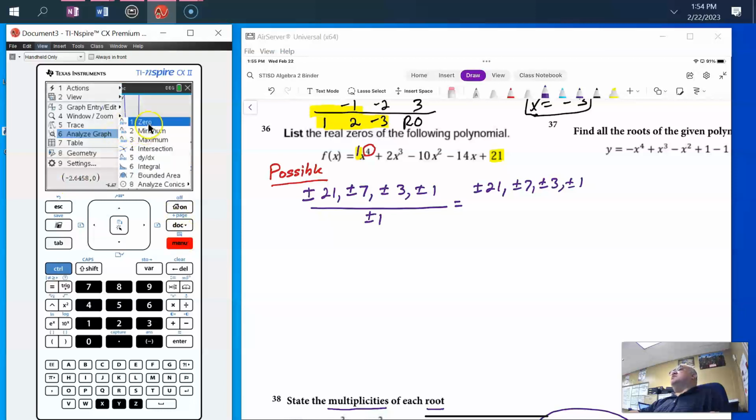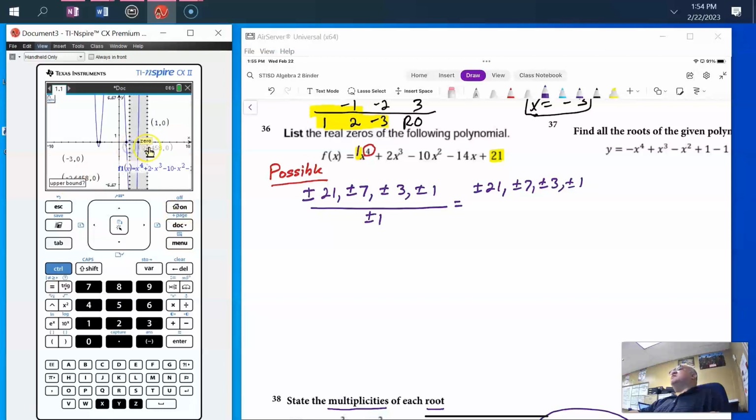Or maybe not 2.6. Well, it is positive 2.6. So I have my zeros here: negative 3, 1, negative 2.6, and 2.6.